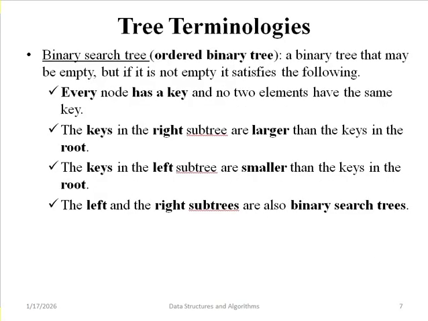Another very important tree is the binary search tree, which is an ordered binary tree. It is a type of binary tree, but ordered. This binary tree may be empty, but if it is not empty, it satisfies the following conditions.